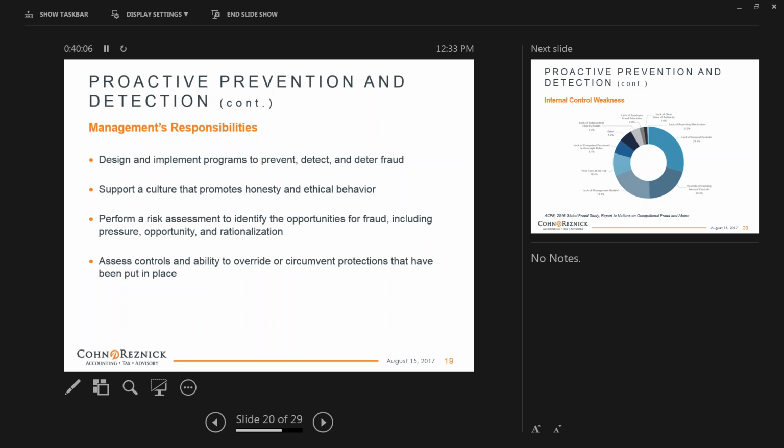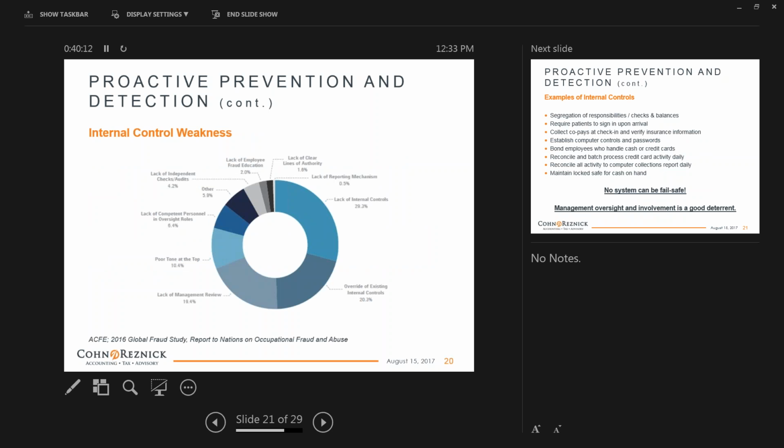And internal controls, segregation of duties, that is one way to protect yourself. And the study found that the lack of internal controls, organizations that don't take the time to develop and put policies and procedures in place, or the circumvention of those controls. And typically, who's the person that says, cut me a check, but we'll get you the support later?